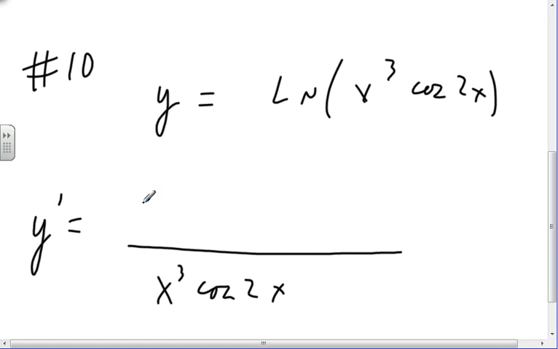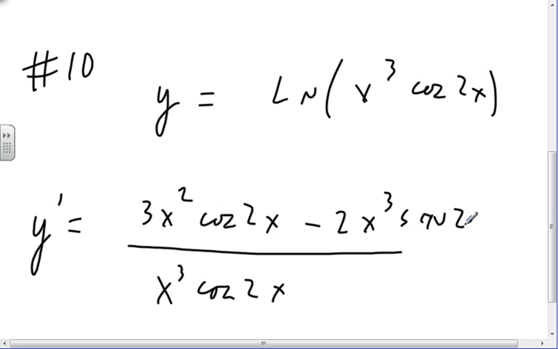So I'm going to have 3x squared cosine 2x minus 2x cubed sine 2x. So I took the derivative of this guy, 3x squared times that guy, and then I kept this guy and took the derivative of that guy, which is going to be minus sine, and then I got to take the derivative of 2x, put the 2 up there.